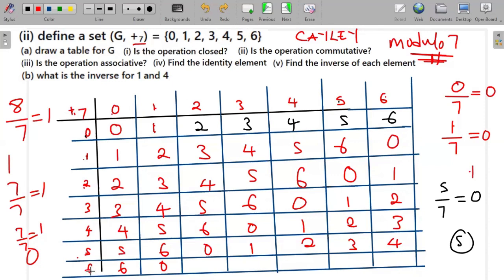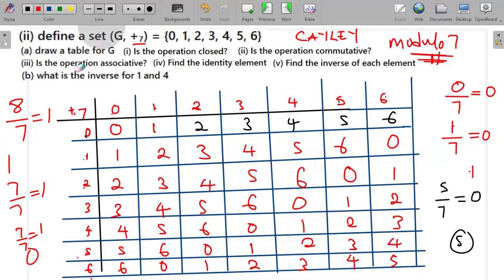Because this is 2 plus 6, that is 8. 8 divided by 7, that is 1, remainder 1. And then 6 plus 2 gives me remainder 2. Plus 3 gives me remainder 3. Plus 4 gives me remainder 4. Plus 5, it gives me remainder 5. And then 6 plus 6, that is 12. 12 divided by 7, it's 1, remainder what? 5.